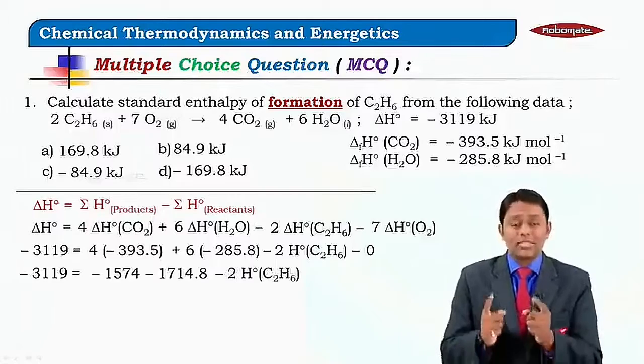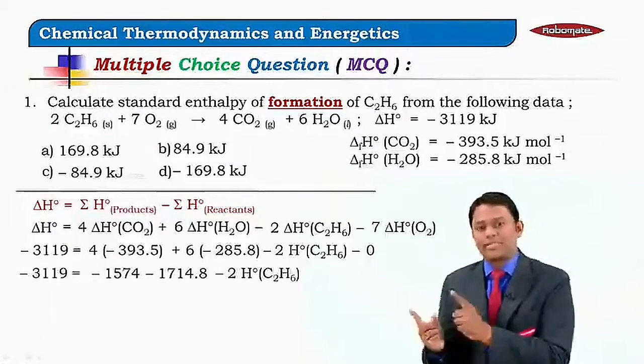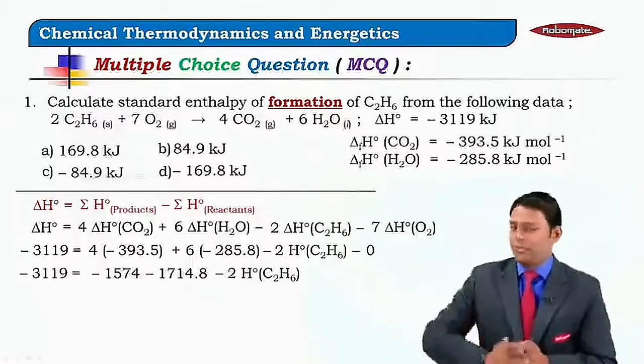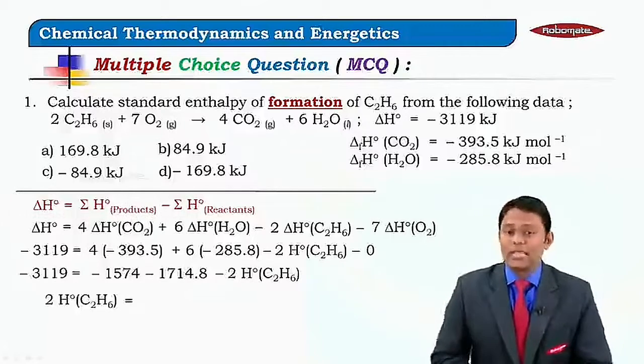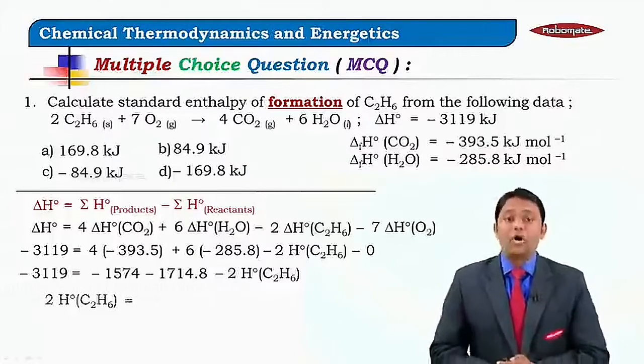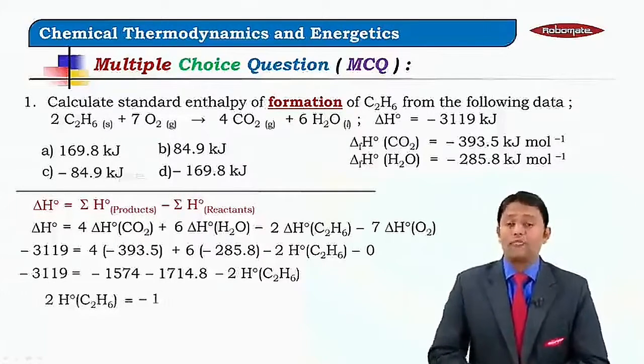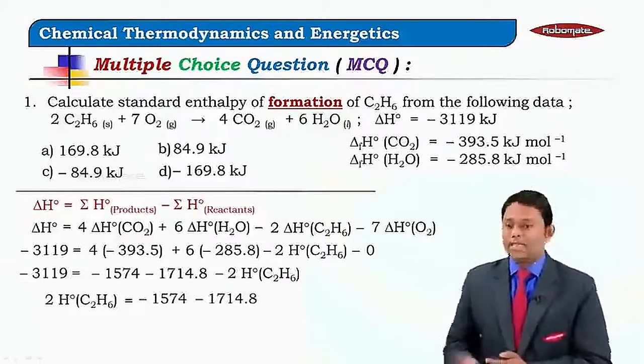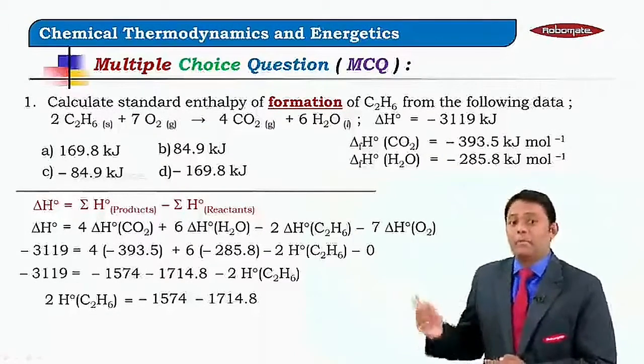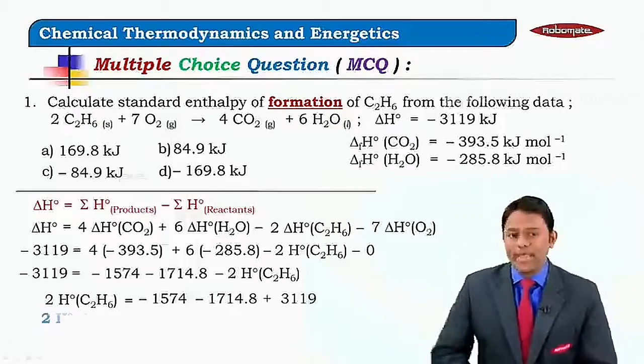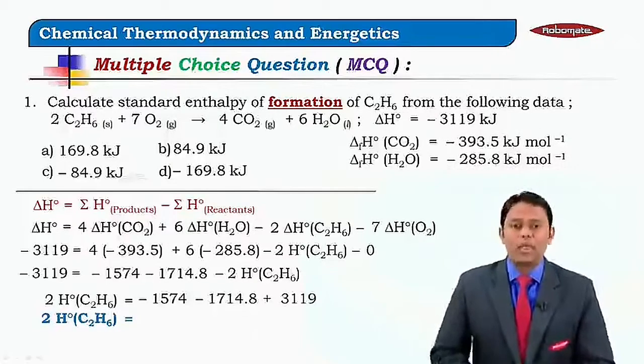So once again, the thing which we have to find, we keep on the left hand side, and everything else we bring on the right hand side. We get the value of enthalpy of formation of ethane as minus 1574 minus 1714.8 plus 3119.